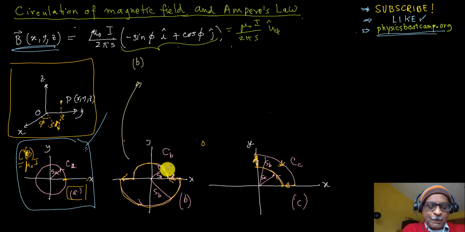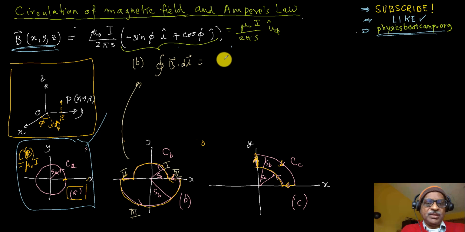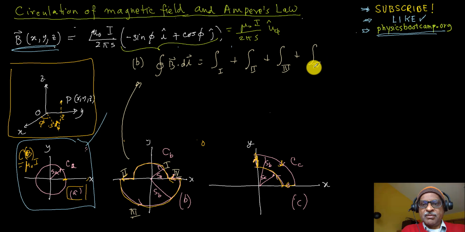So for B, you can see there's going to be one part, then a part here, then a part here, and then a part 4. So the circulation of B dot dl turns out to be the integral over 1 plus integral over 2 plus integral over 3 plus integral over 4.